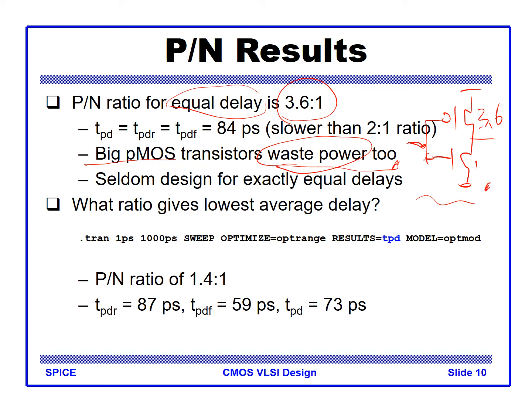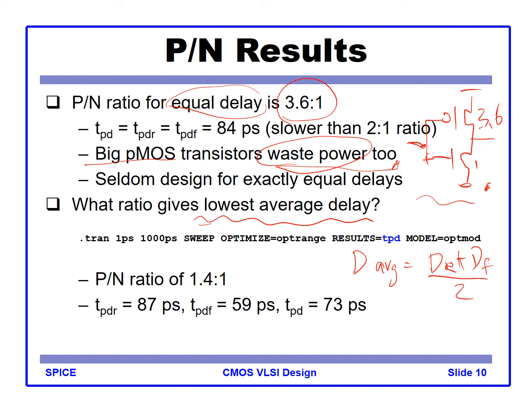But in actual standard cell design provided by the foundry, they use the lowest average delay, which is the average of the rise and fall delays.